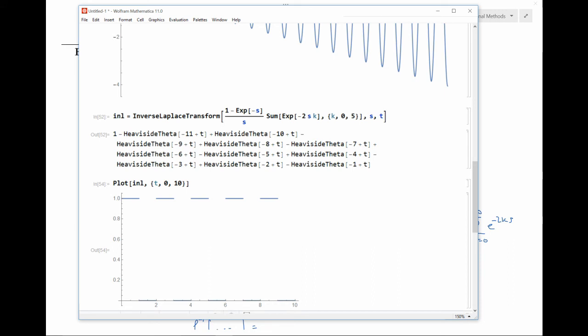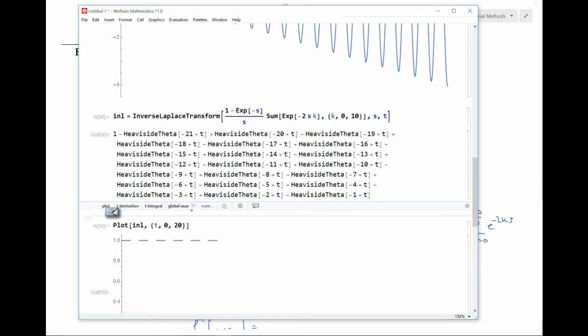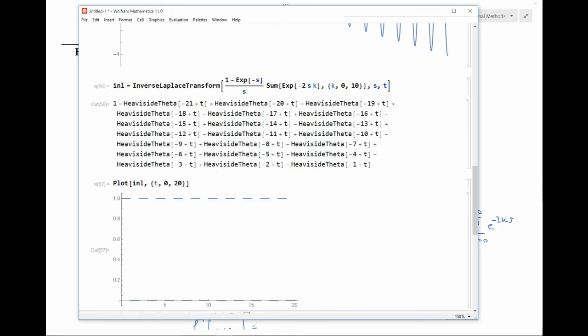As you can see, I had just enough terms to cover the interval from 0 to 10, but not enough terms to cover the interval from 0 to 20. So I can do that by adding more terms. And here we have it.